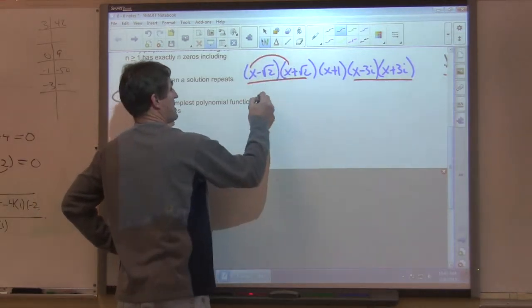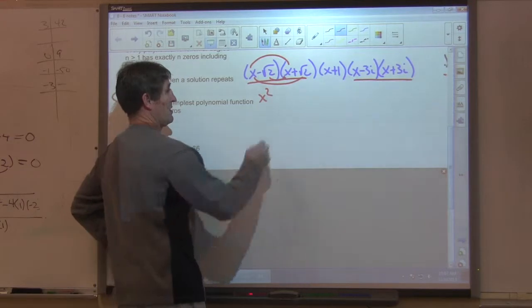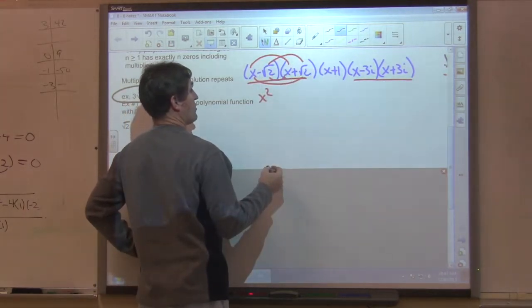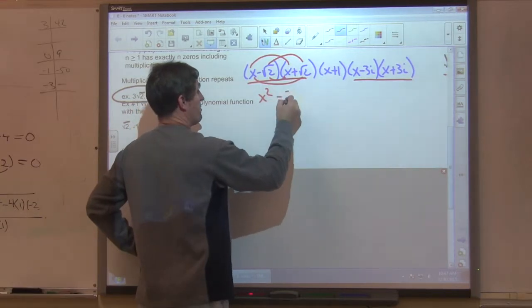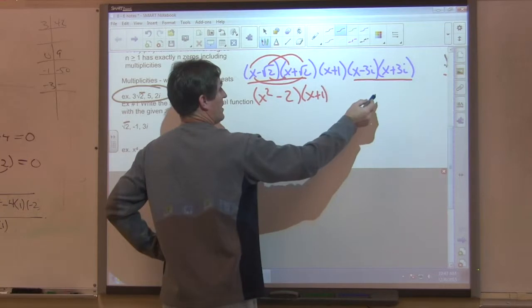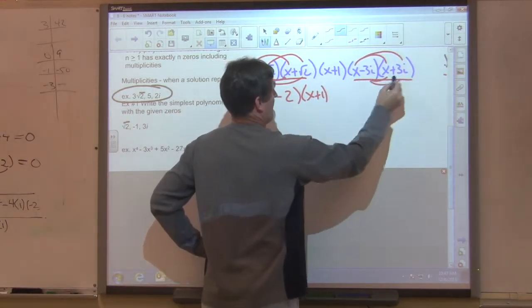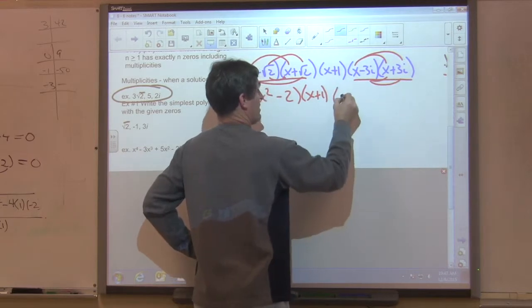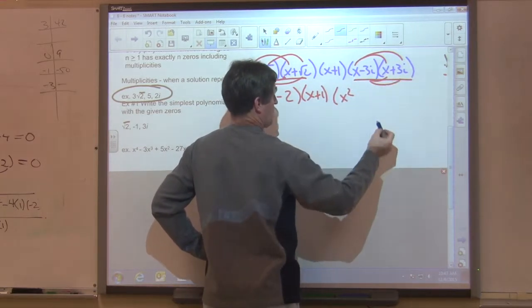So x times x is x squared. Again, your outer and inner terms will cancel. So we can just do this. Negative square root of 2 times square root of 2 would be negative square root of 4, which is 2. So minus 2. I'm going to go ahead and leave this x plus 1. Multiply these. Again, x times x is x squared. Again, we don't need to do this. 3ix and negative 3ix will cancel.